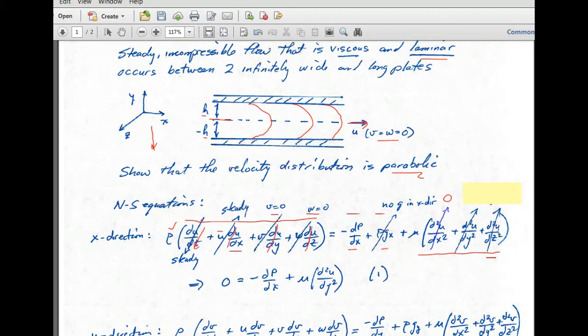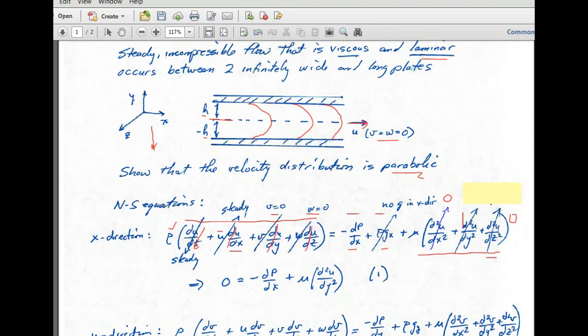Coming at us from the z direction, that's coming out of the page, so these parabolas will just come out in a curve shape toward you, but there'll be no change in the z direction. So the gradient in that direction is also 0. So these are also 0.